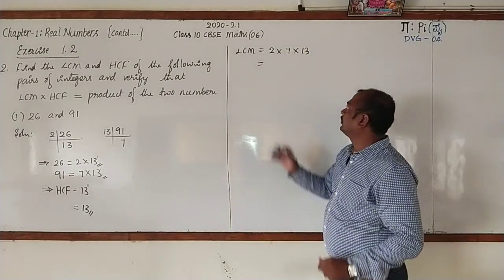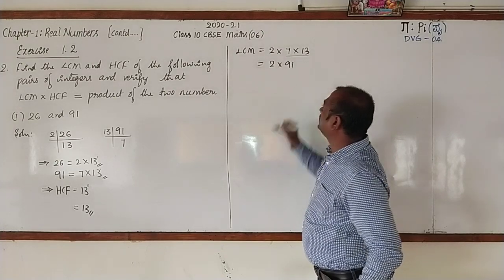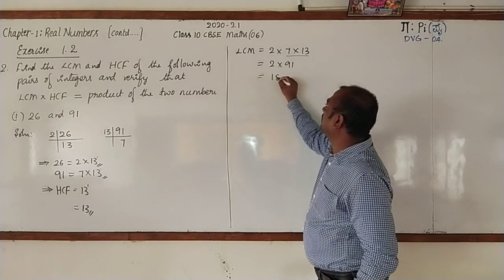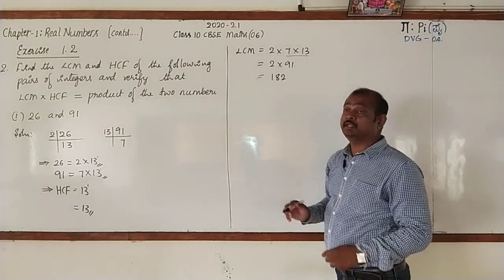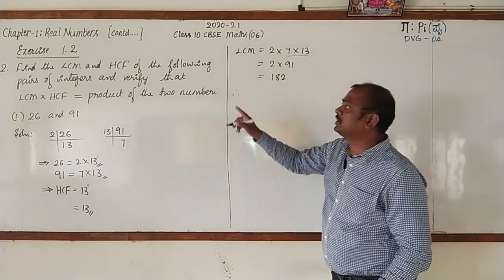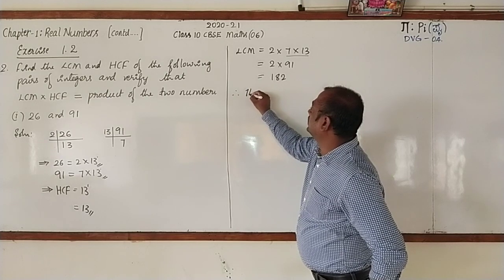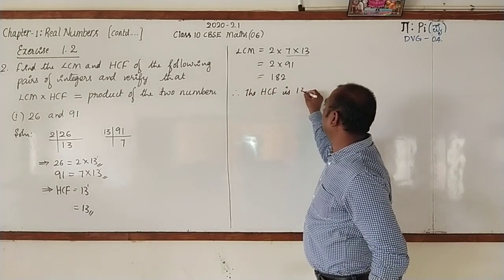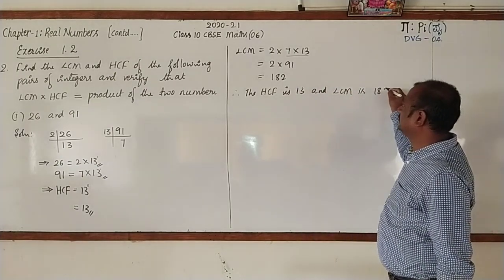Next, you can go for taking 2 as it is. 13 7s are 91. Now 91 2s are 182. Now let me write the conclusion for the first sub question. Therefore, the HCF is 13 and LCM is 182.